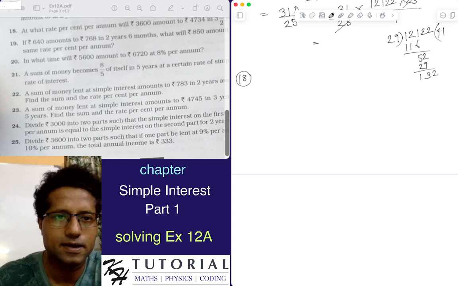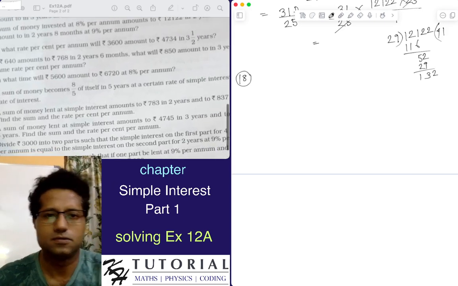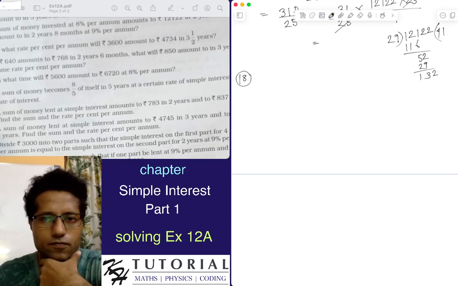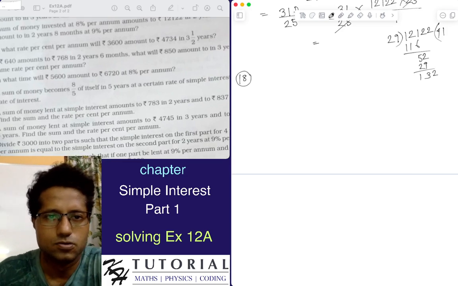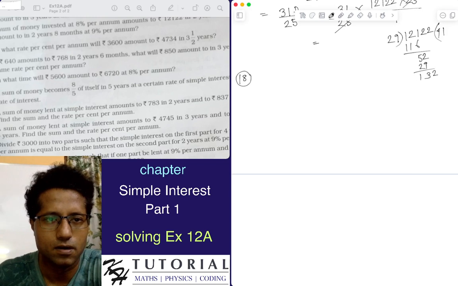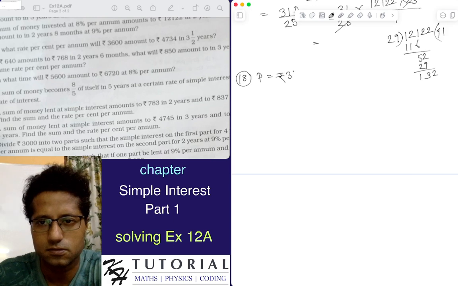Question number 18 says: at what rate percent per annum will rupees 3600 amount to 4734 in 3.5 years. It is asking for the rate percent. This means the principal is given to be rupees 3600.